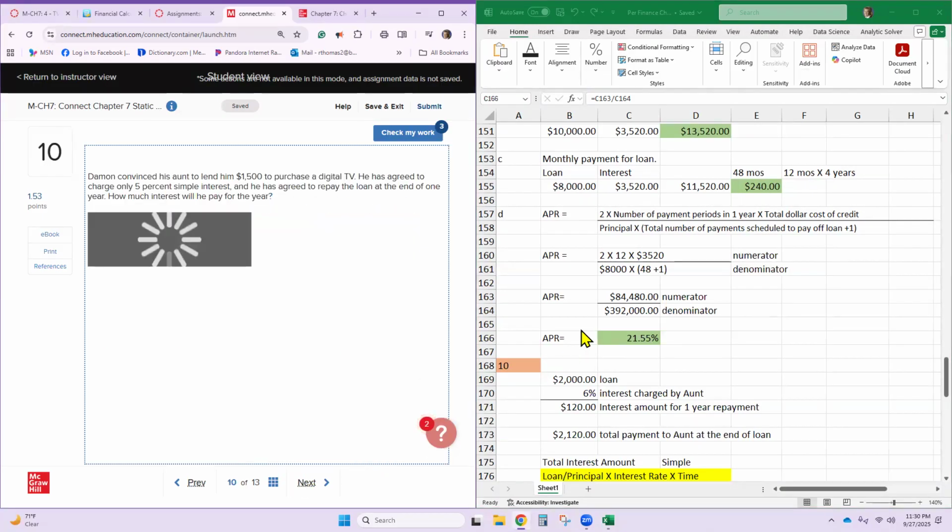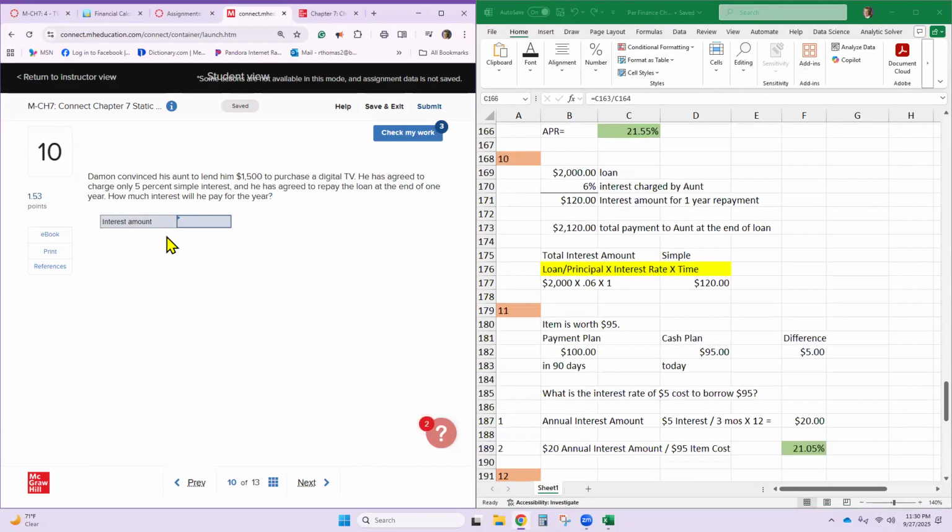Just a few more here. Number 10. Damon convinced his aunt to lend him $1,500 to purchase a digital TV.